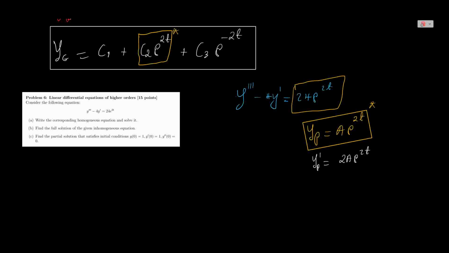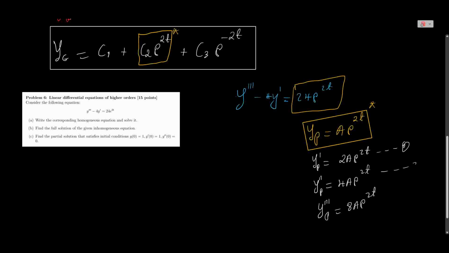Essentially, I differentiated the power and multiplied it by our original function. So our second derivative will be 4a e raised to the power 2t, and our third derivative will be 8a e raised to the power 2t. This is our equation 1, equation 2, equation 3.